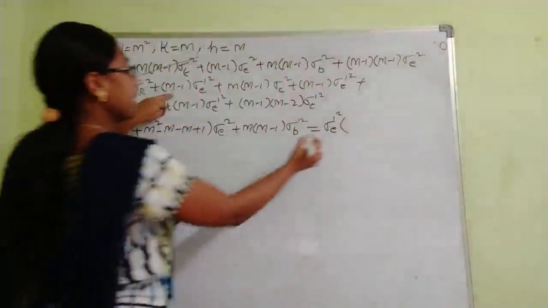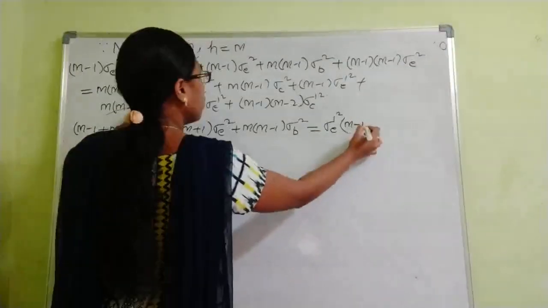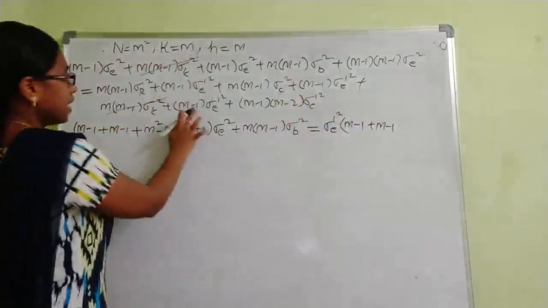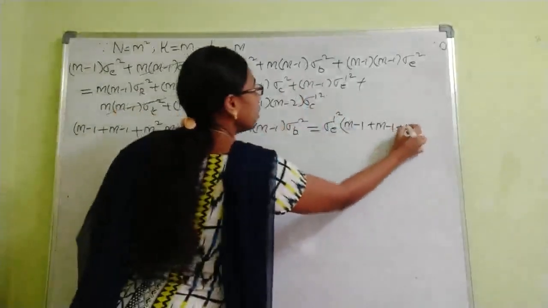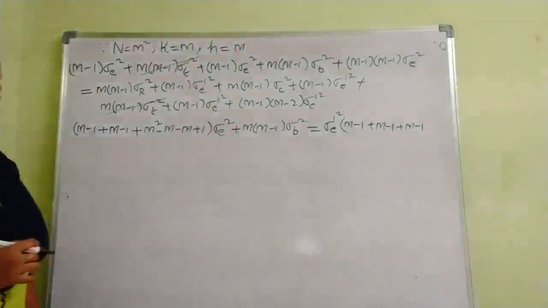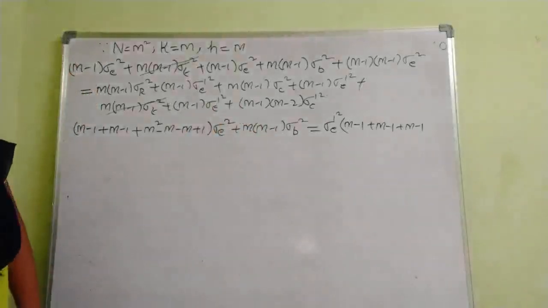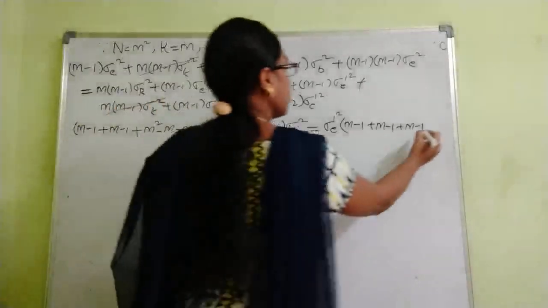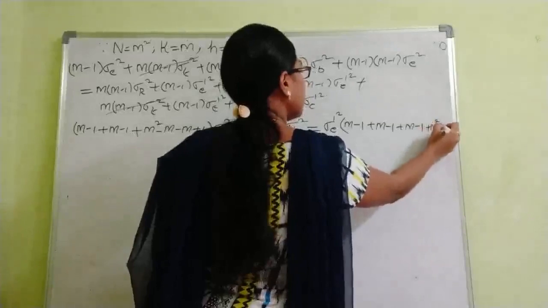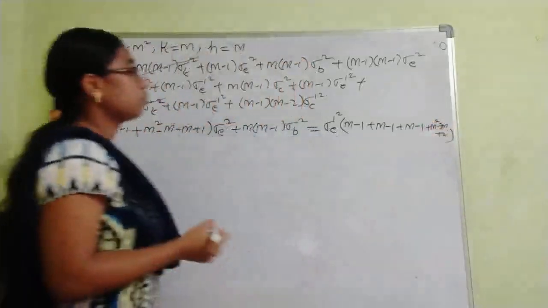First m minus 1 plus m minus 1, and next m minus 1 plus m minus 1, and one more thing, m minus 1 into m minus 2, that is m square minus 3m plus 2, plus m square minus 3m plus 2.